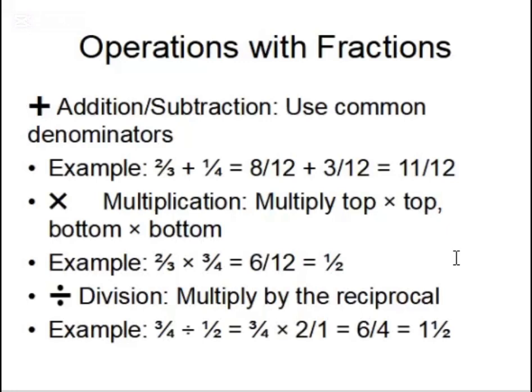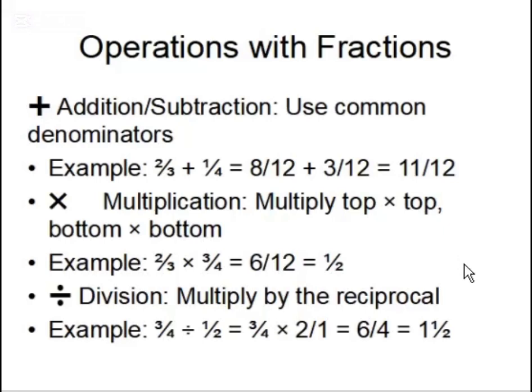The next thing is how to operate with fractions. Under addition and subtraction, we use a common denominator. For example, we have 2/3 plus 1/4. In the first fraction we have 3 and in the other we have 4.